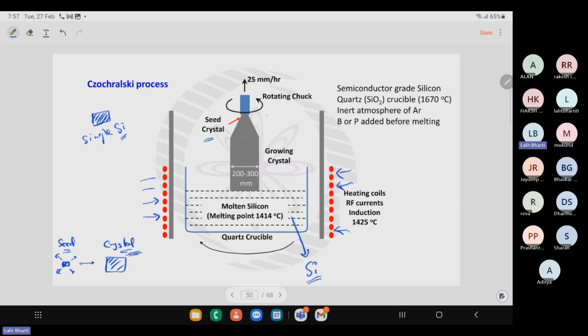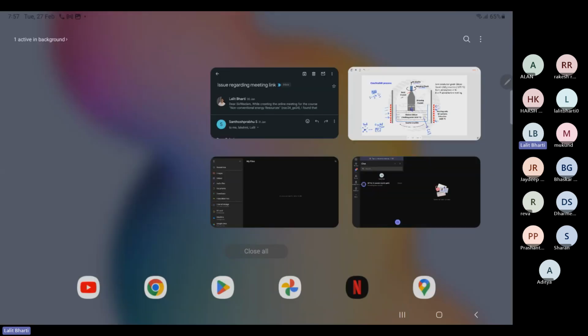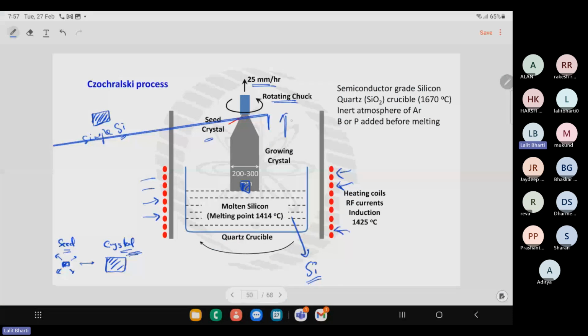Initially the rotating chuck with the single crystal is here. They rotate it and move it upwards at a speed of 25 mm per hour.